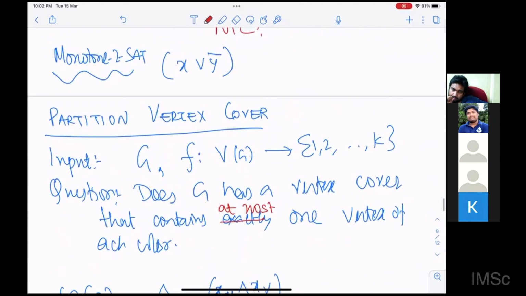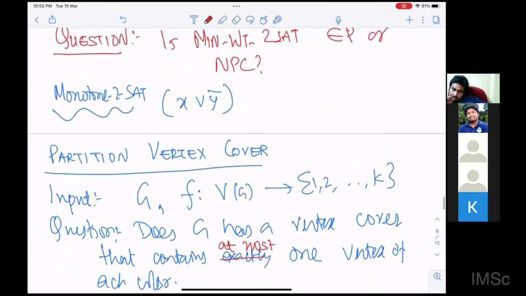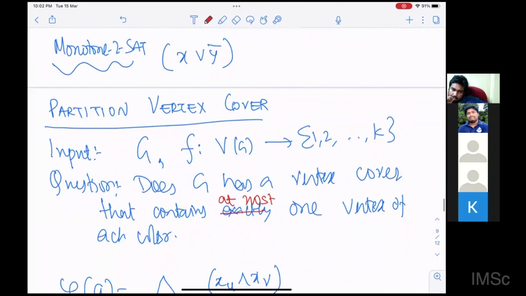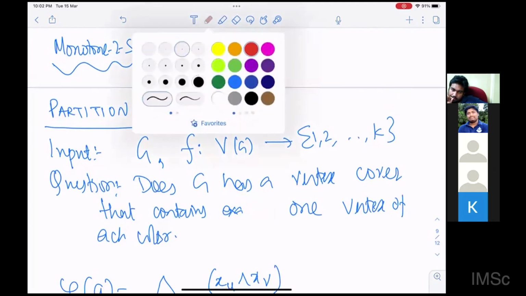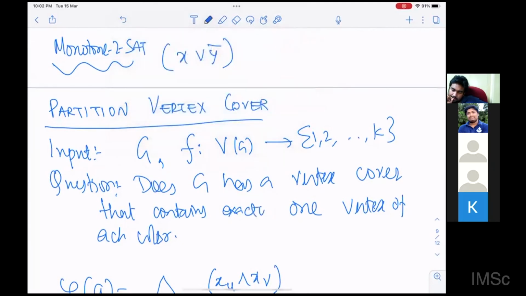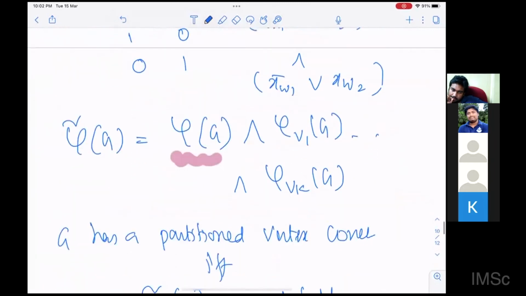So either we make at most, but even with exactly, we are happy. Why are we happy? Let's see. She's very right. So let's respect her and let's do exactly. So what happens? Did you realize what she said?